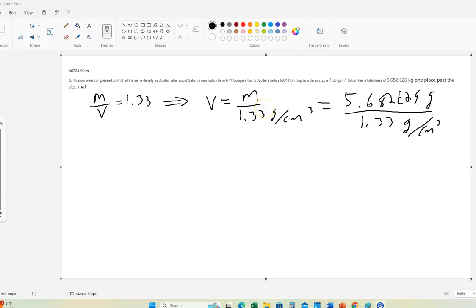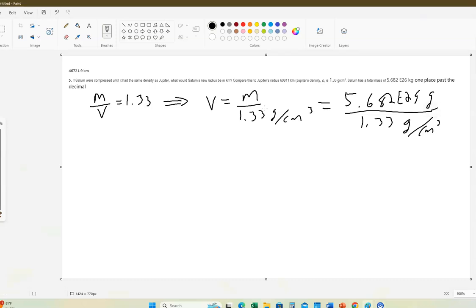The volume is the mass, and here's the mass in grams, 5.682 times 10 to the 29th grams, divided by the density of Jupiter, which is 1.33 grams per cubic centimeter. So that's pretty much that, and that'll solve for the volume.